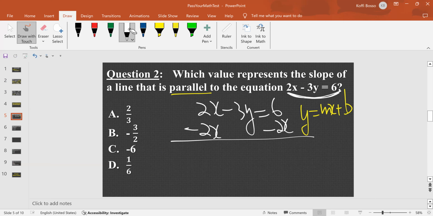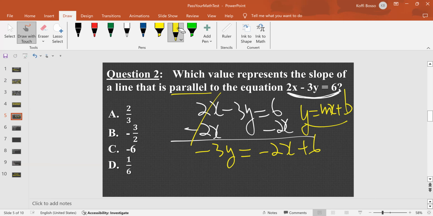Now the 2x and negative 2x cancel out, okay? We have negative 3y is equal to negative 2x plus 6. Understand that I'm looking for that form y equals mx plus b. The reason I wrote the x part before the number without x is that 6 minus 2x is the same as negative 2x plus 6.